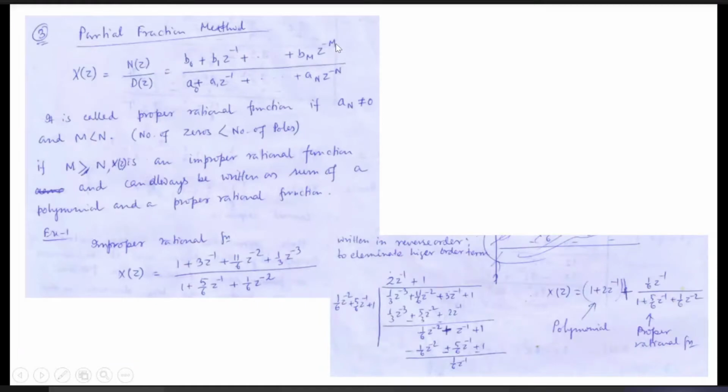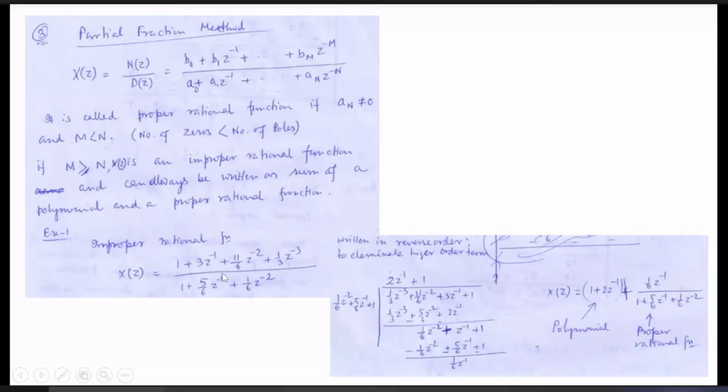So m and n may be the same, or higher or lower, may be dissimilar. If m is higher than n, that means the order of the numerator is higher. In that case it is called an improper rational function, like the example seen here.